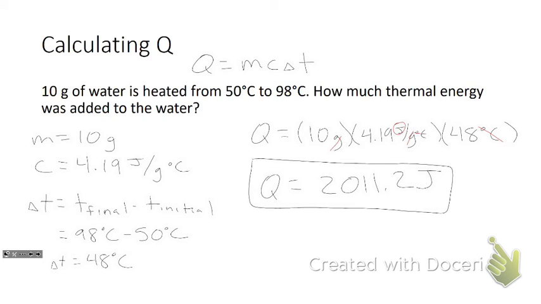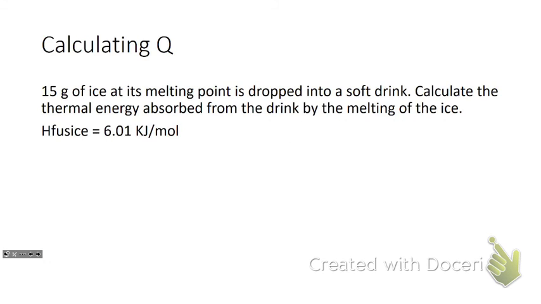If you wanted to give the best answer, you would give this in 2 digits, but that's like physics stuff. So again, we're going to use Q is equal to MC delta T when there is no phase change, just a temperature change. One more example, and then the rest is your guys' this time.